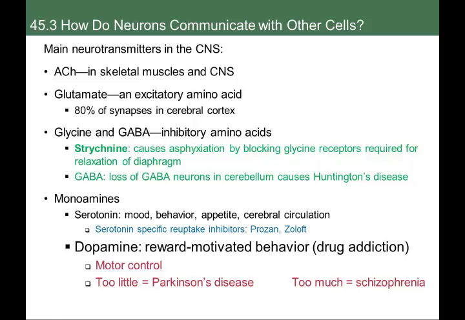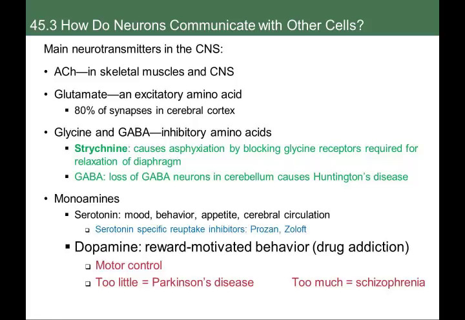The other way presynaptic cells can control that is not necessarily breaking them down, but once they release the neurotransmitter, they then take it back up again and remove it from the synaptic cleft. That's the case with serotonin, and if you inhibit that process of reuptake, you allow the serotonin to have a much longer and more dramatic effect on those postsynaptic neurons, which generally allows certain people to be happier. And that's how these kinds of drugs work.